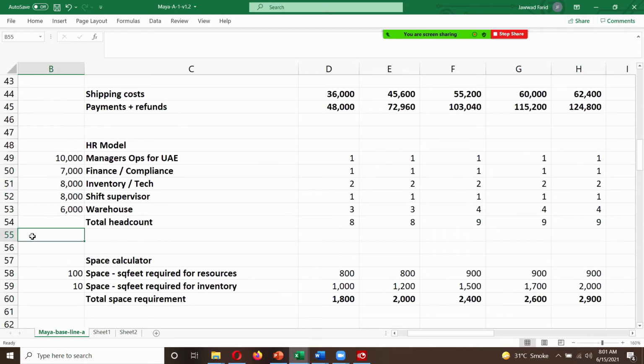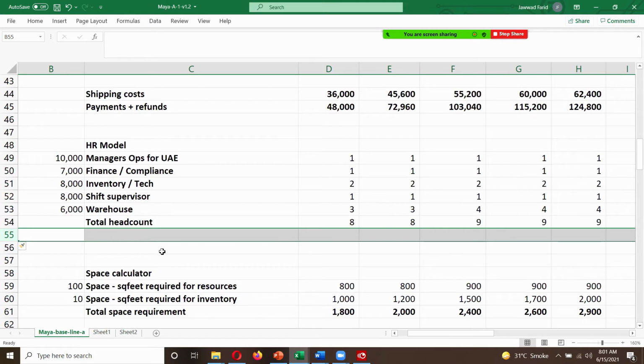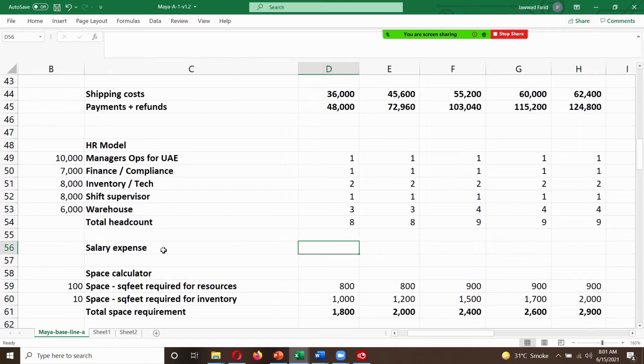Here's the next step. Excel has a simple function called sum product, and that gives us our salary expense. I'm going to say sum product, and take my salary levels for each of these people.